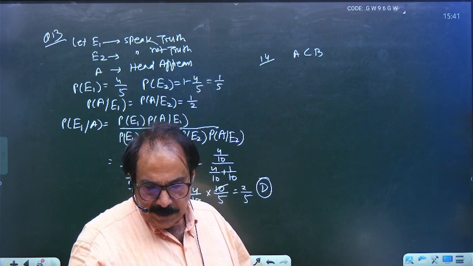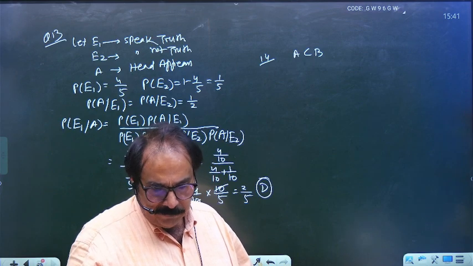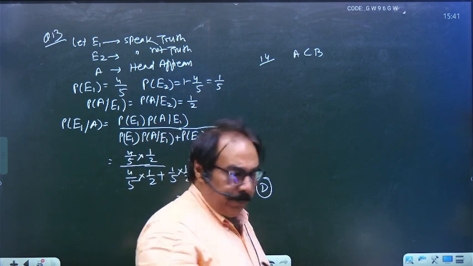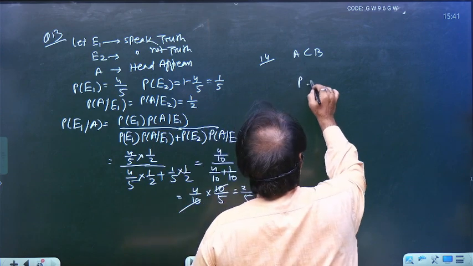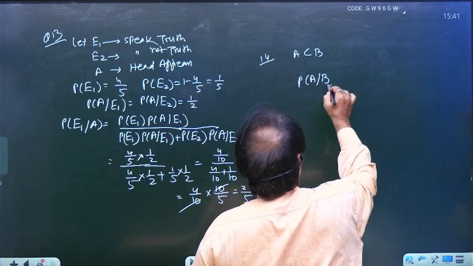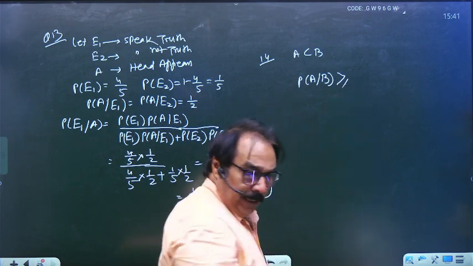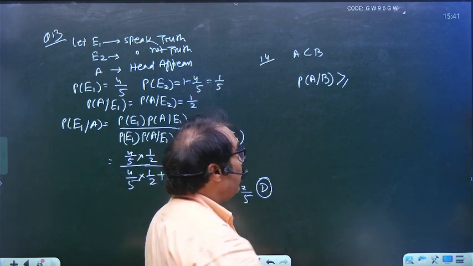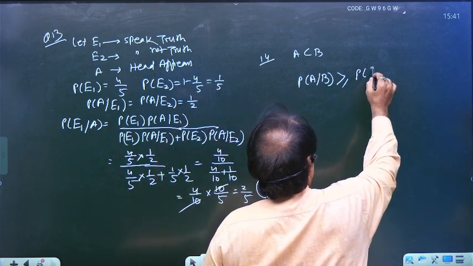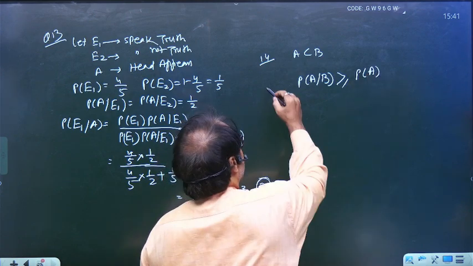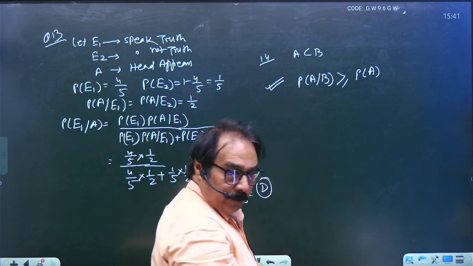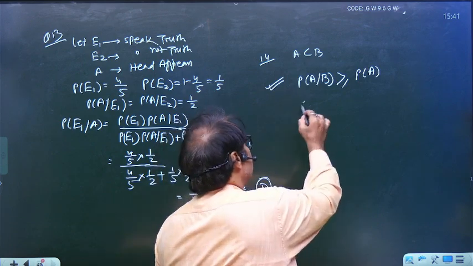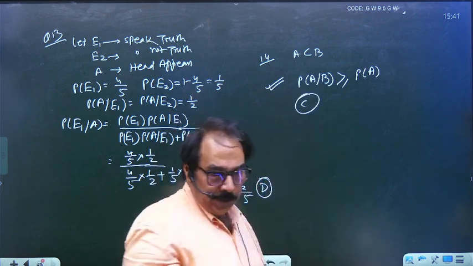Probability of A by B is less than probability of A, again it is false. Probability of A by B should be greater than or equal to probability of A, right? So this is the correct option, that is option C. So C is the correct option.